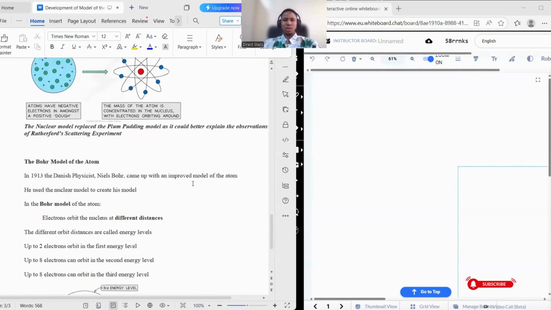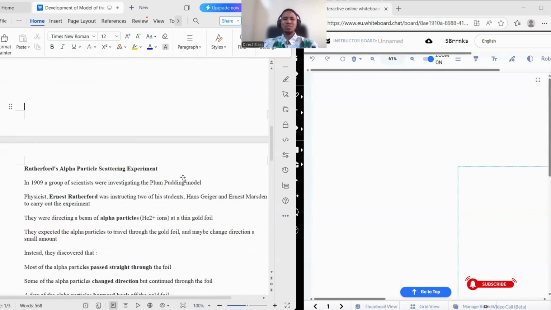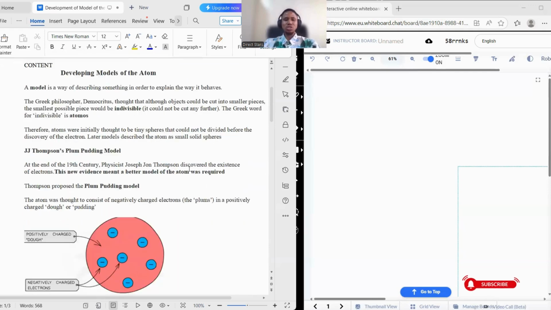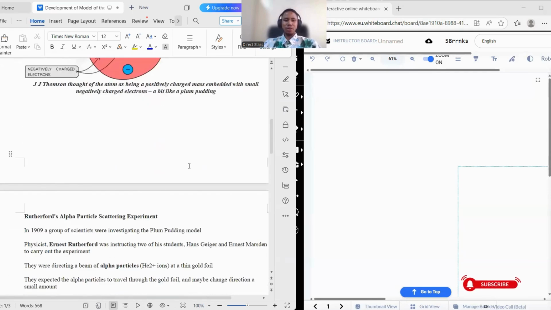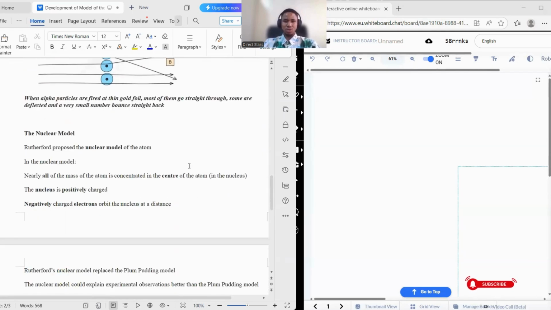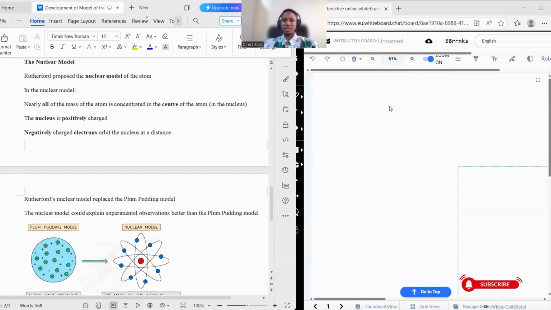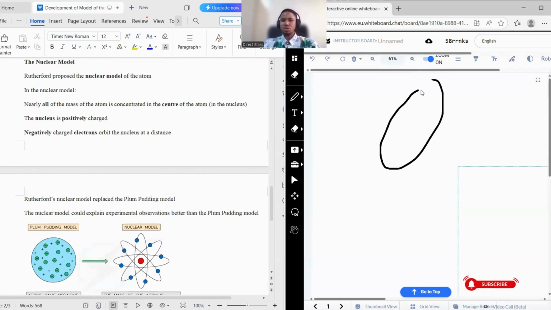Now we understand that the model of an atom is not just to explain that atom is the most indivisible element, but to understand J.J. Thomson model, Rutherford model, and Bohr model too. And we should understand the nuclear model, which we are using now, that electrons orbit around the nucleus of an atom.